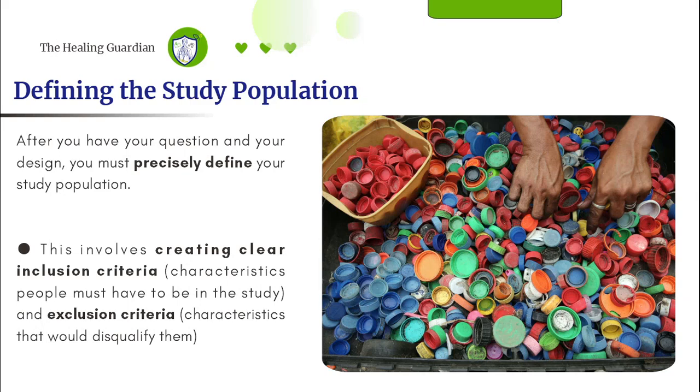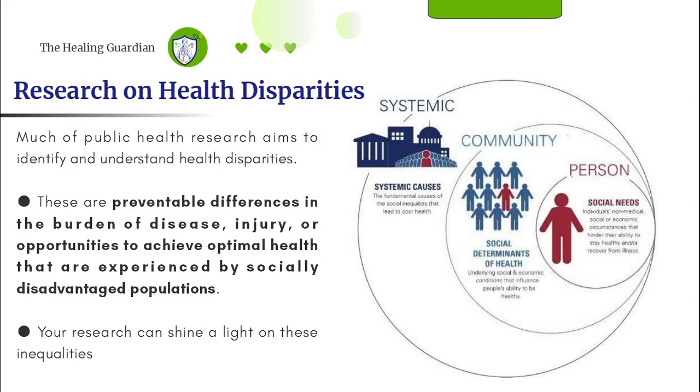If someone is unable to speak English or Luo, it means most likely they are not even residents of Gulu district. So you have to state your criteria very well. Your inclusion and exclusion criteria has to be like the entry rules of someone to be part of your study population.